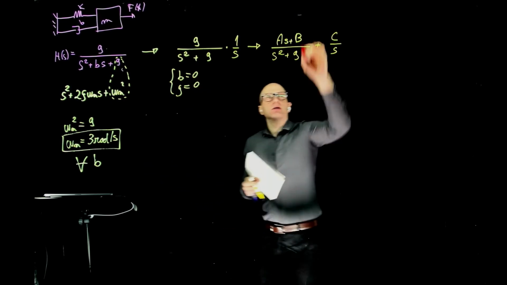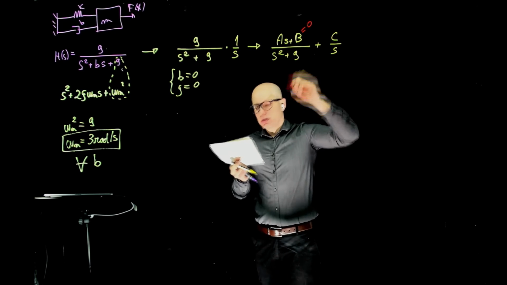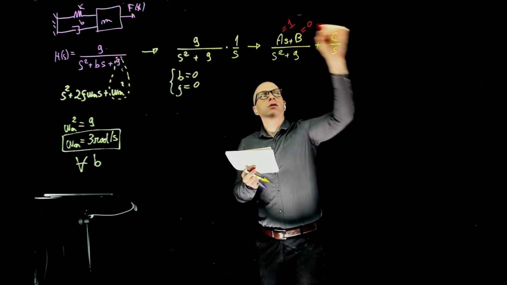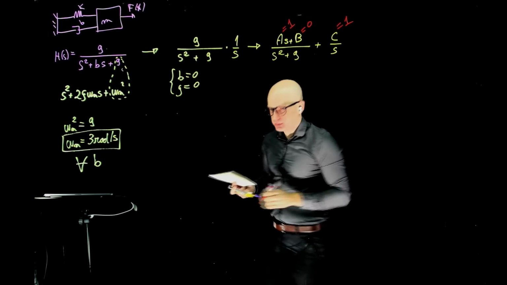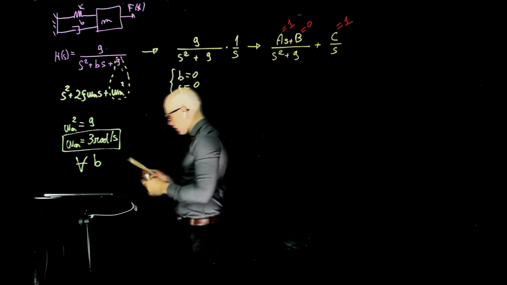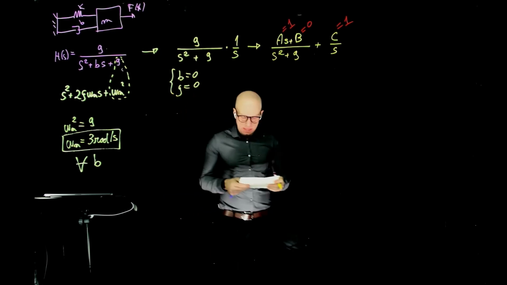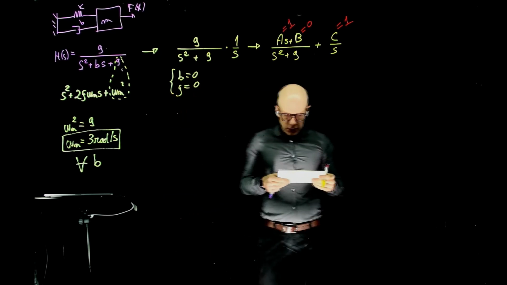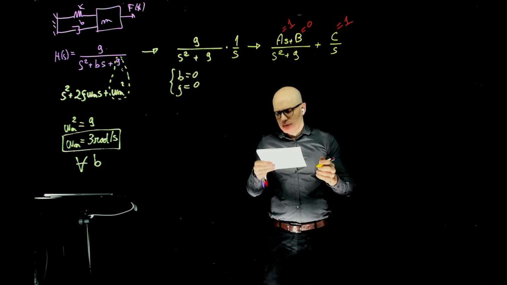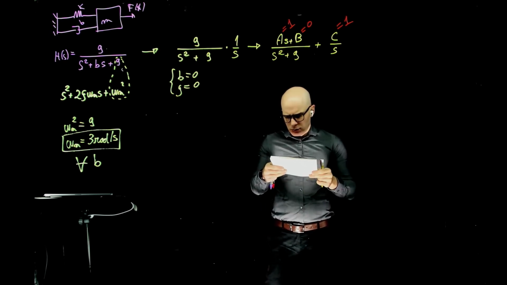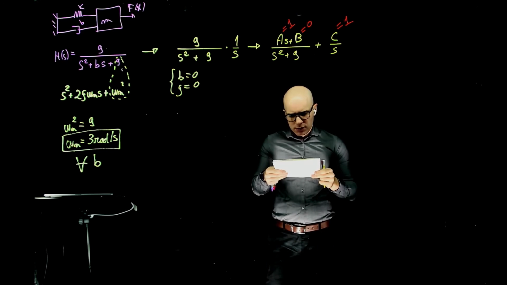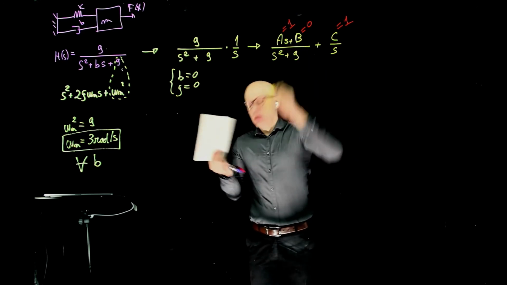B in this case is 0, A is 1, C is 1. I'm going to skip the partial fraction because that takes too much time. B is 0. A is -1, actually. Yeah, A is -1.